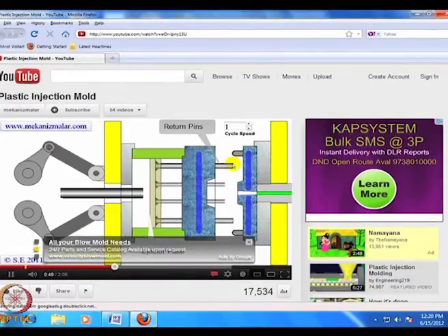Basically, this is how injection molding is done. Let me take the last one.